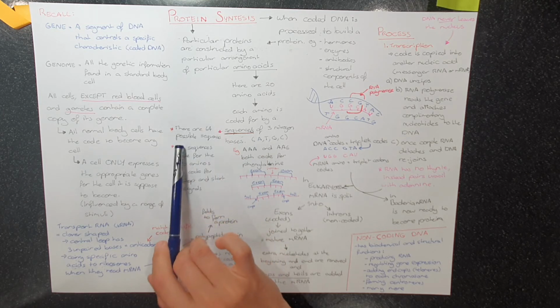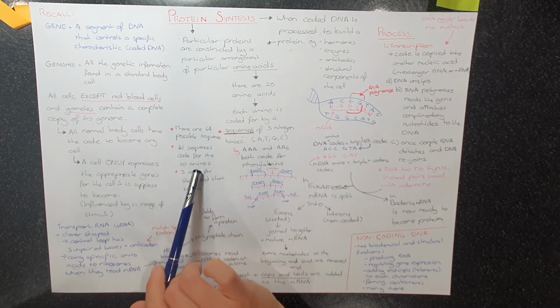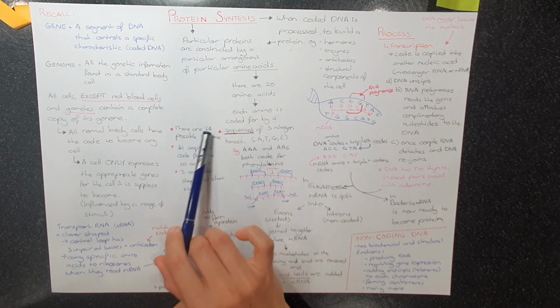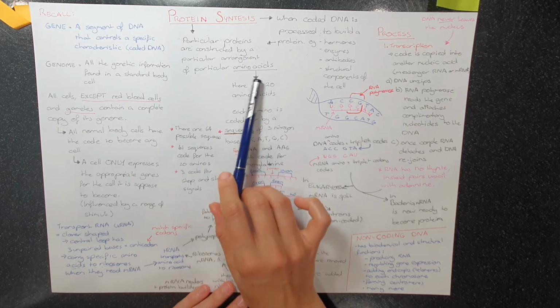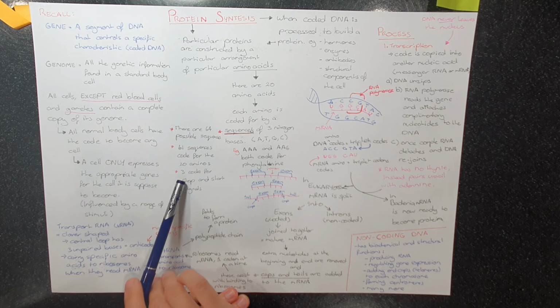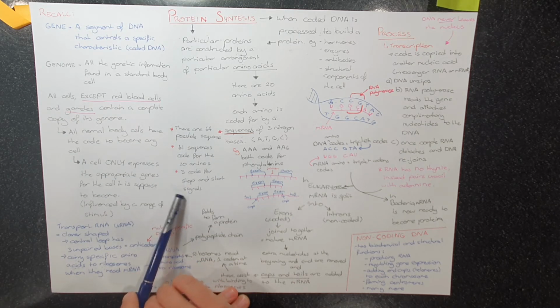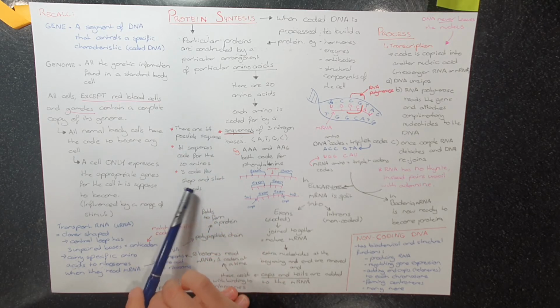Out of that 64, 61 of them will code for amino acids. That means there's some doubling up: we've only got 20 amino acids and 64 combinations. So 3 codes out of those 64 are used for starting and stopping signals.